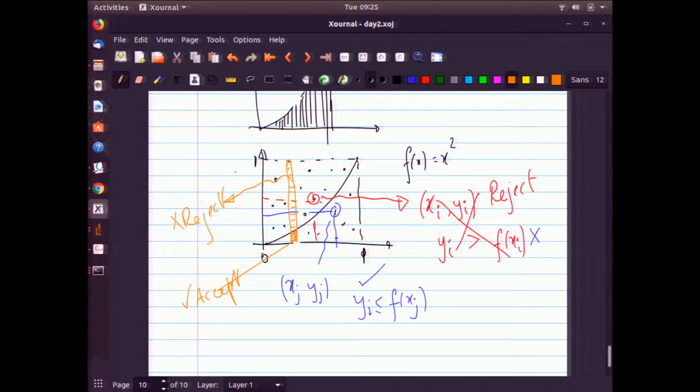Basically, you would have accepted any points here and rejected them here. So in the end, once you plot the histogram, you by definition will get the distribution. As you can see, it's very intuitive, is probably correct, and very easy to implement. This is called rejection sampling.